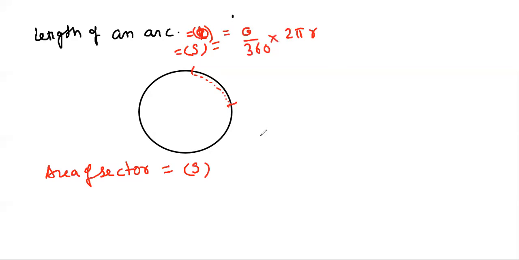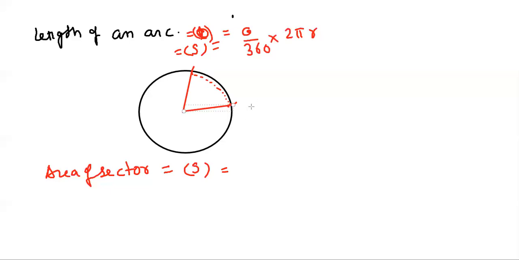Now see. What is area of sector? Suppose I take this center over here, and I draw two radii which consist of this particular arc. I'm sorry for the figure. Suppose this is one radius and this is the other radius.